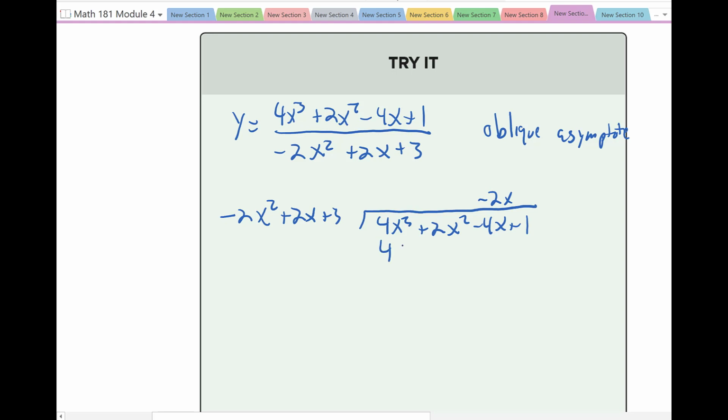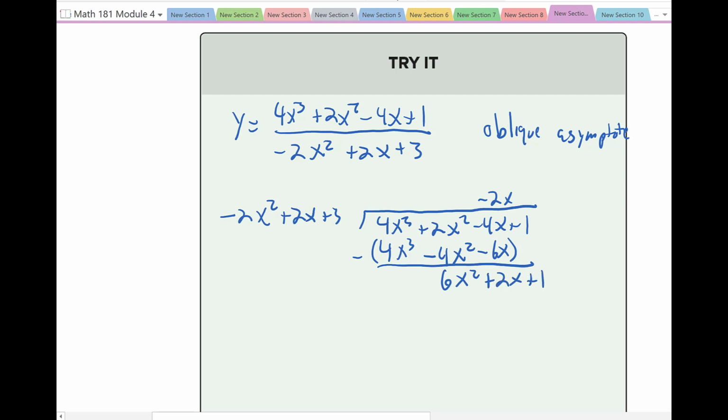So it's 4x cubed minus 4x squared minus 6x, and we subtract here. The 4x cubes go away, as they should, because we both picked this to go away. 2x squared minus 4x squared is 6x squared. Negative 4x minus negative 6x is plus 2x. Then we can bring down the 1.